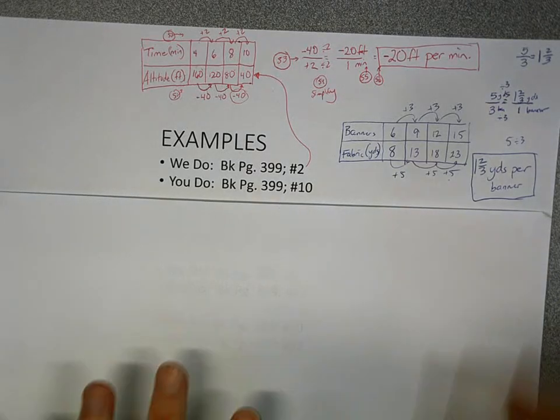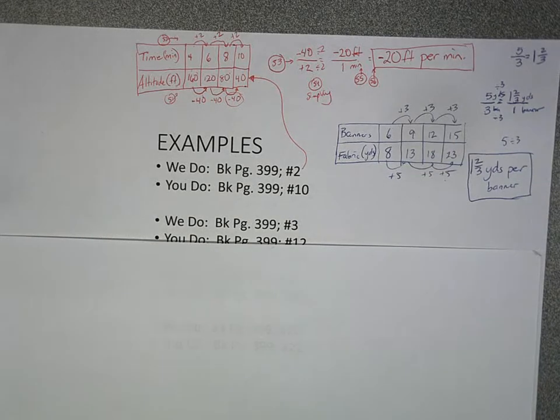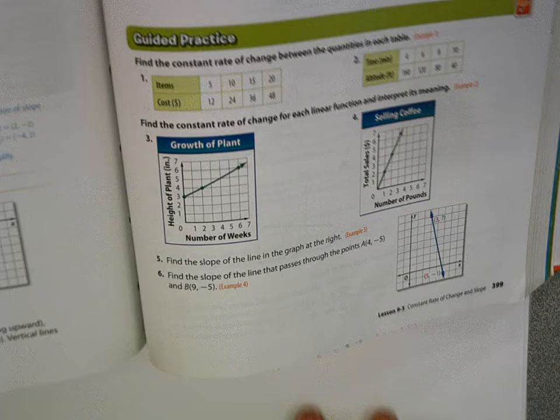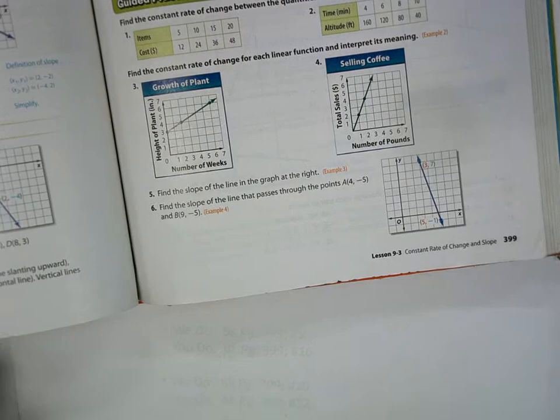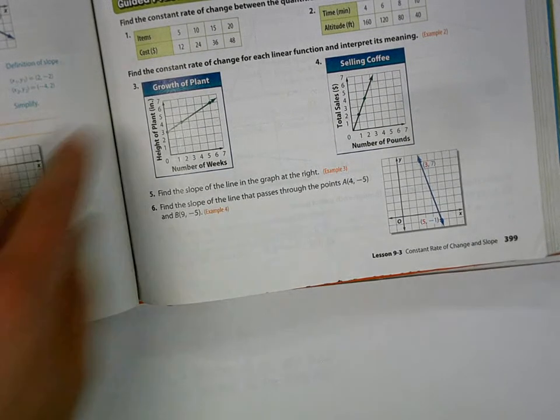Okay, let's take a look at problem number 3. Find the constant rate of change for each linear function and interpret its meaning. All right, so constant rate of change.